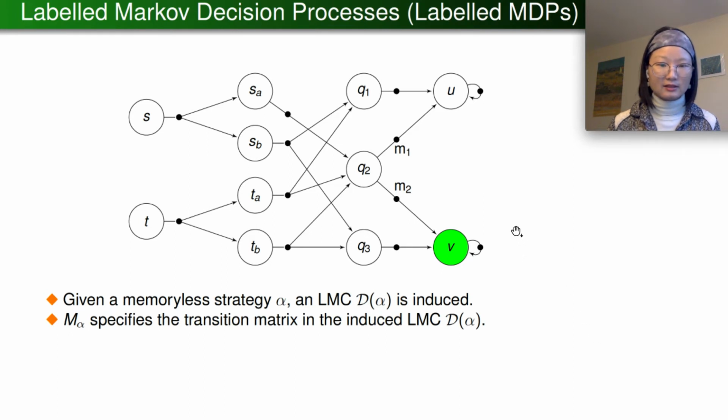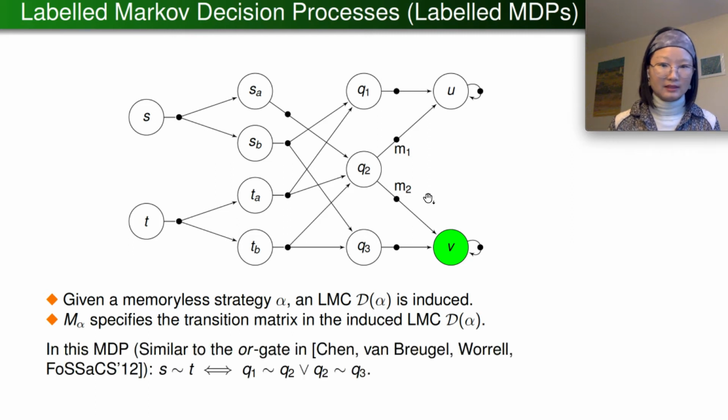This slide shows an example MDP where all the states have only one action except state Q2. It has two actions, M1 and M2. For this MDP, S and T are probabilistic bisimilar if and only if Q1 and Q2 are probabilistic bisimilar, or Q2 and Q3 are probabilistic bisimilar.